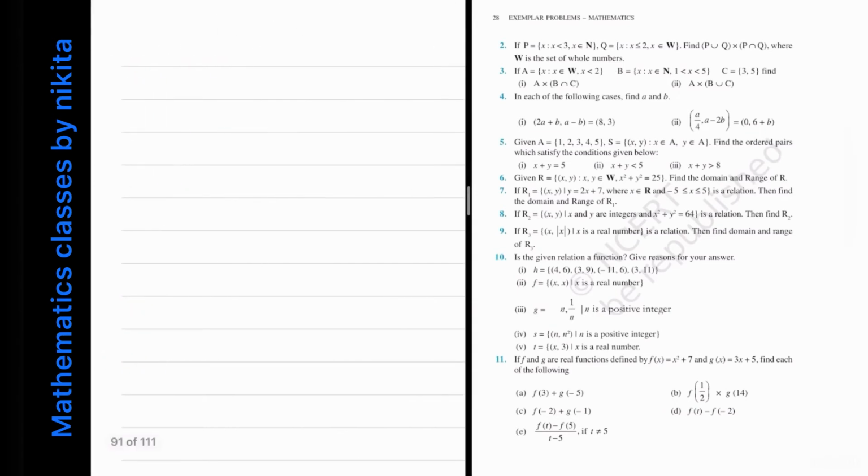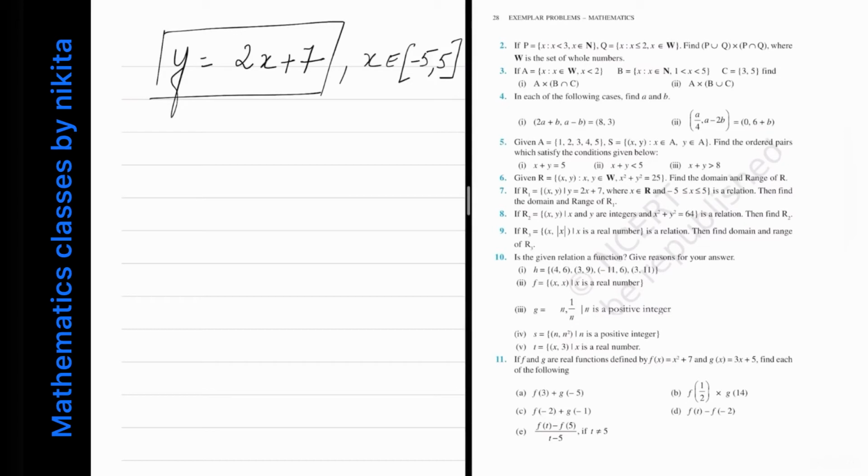Now see, to find the range we need to know the values of y, and y is given by this relation, that y is equal to 2x plus 7, where x is coming from this interval -5 to 5. Now note one thing, there are infinitely many values of x, so you cannot find every value of y, but you see the behavior of this y.